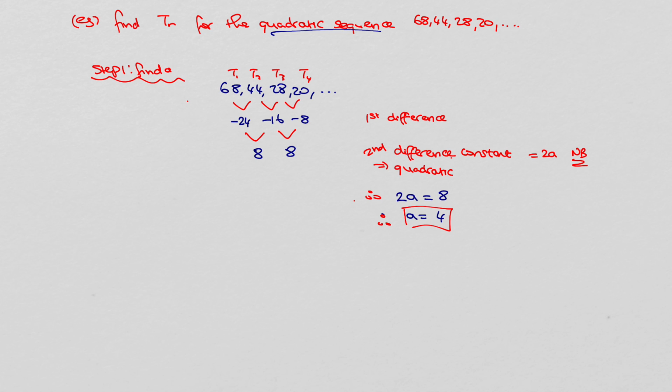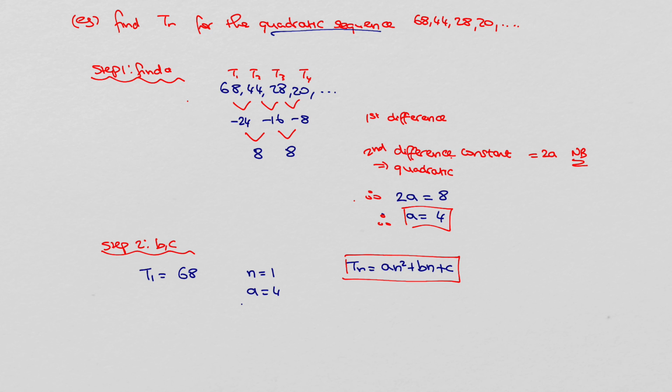So step 2, then we're going to find b and c, and then the general equation. So therefore we're going to start by saying, well, my first term is 68. So what that means then is when n is 1 and a is 4, well, what will the general equation look like? Well, it's t of n is equal to an squared plus bn plus c.